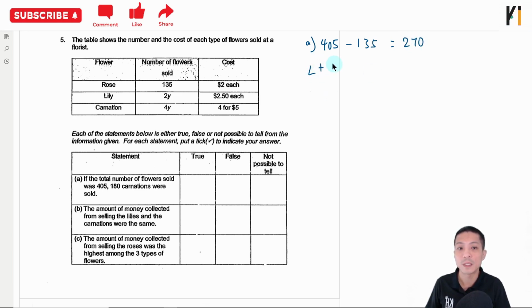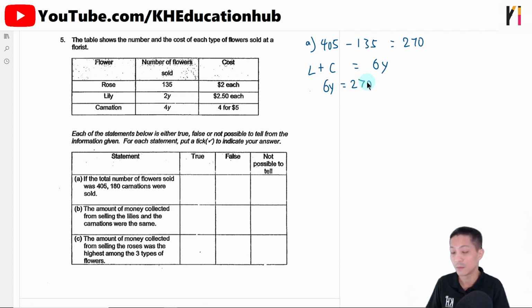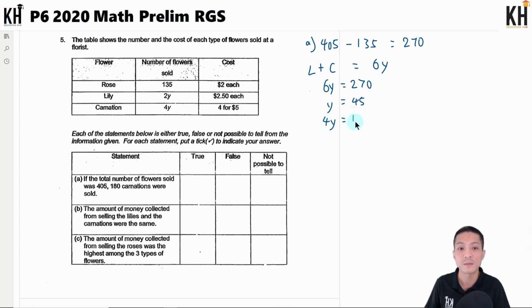So lily plus carnation equals 6Y, right? Which means that 6Y equals 270. Okay, and then Y equals 45. Carnations will be 4Y, right? 4Y equals 45 times 4, which is 180. So which means that A is true.